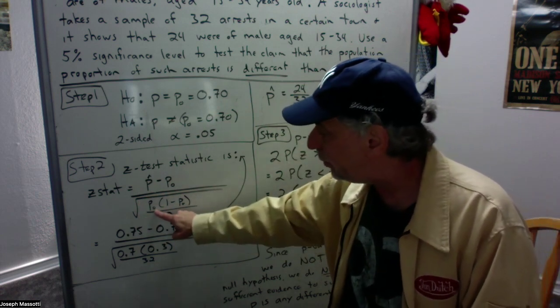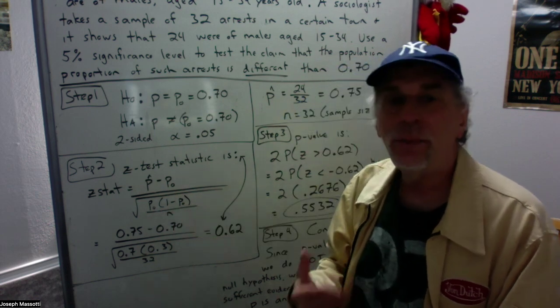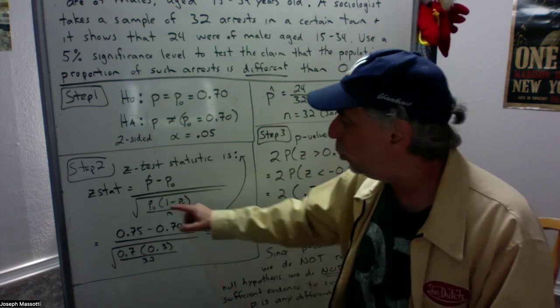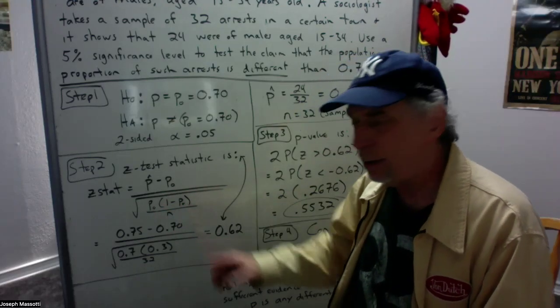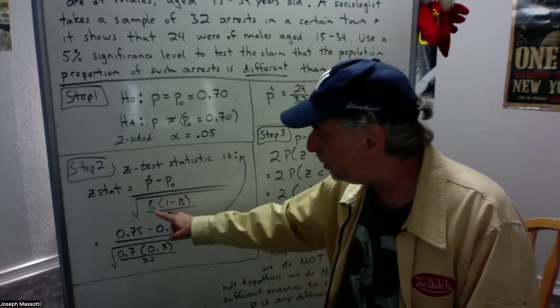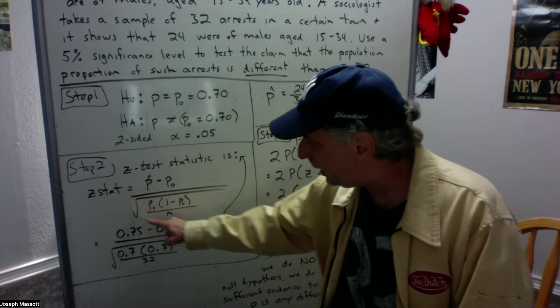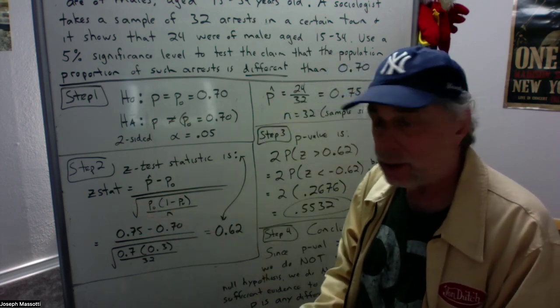Again, remember, be careful: use the p sub 0 here and here, as opposed to the confidence intervals where we used p hat here and here. So very important difference. Confidence intervals, we use p hat here and here when we're looking at the standard error of the sampling distribution of p hat.